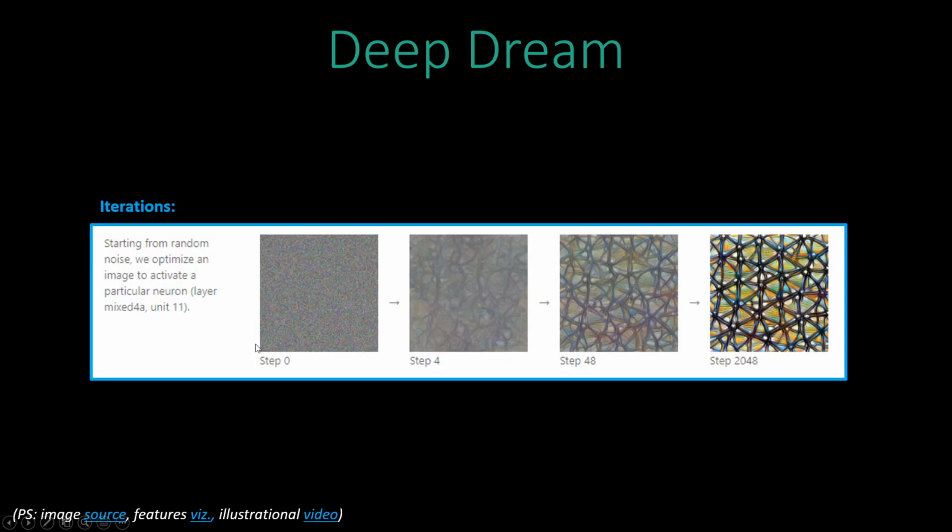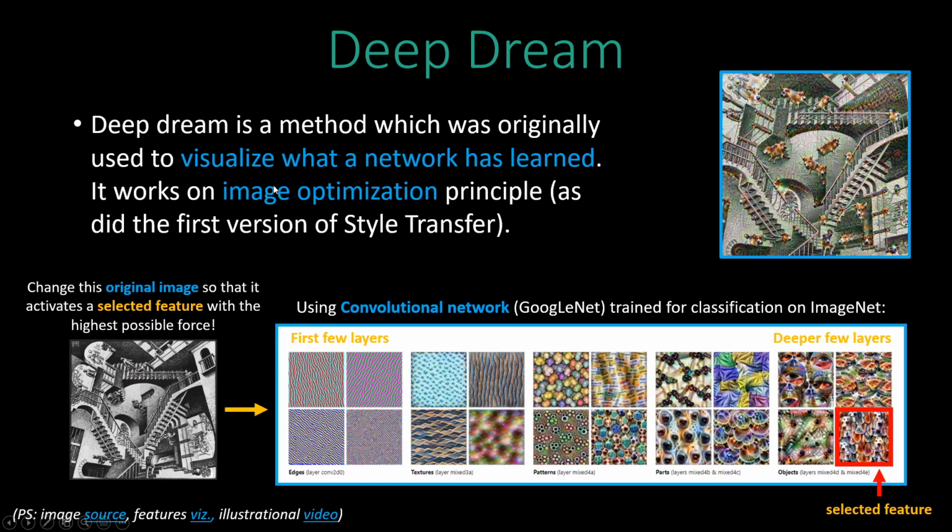Okay, let's see. This is a visualization of this approach. As before, we can start with an existing image and optimize it to maximize the activation on some selected feature, or we can again start with random noise.